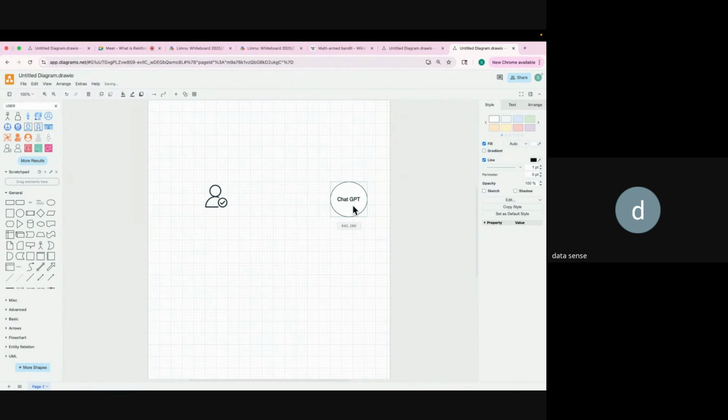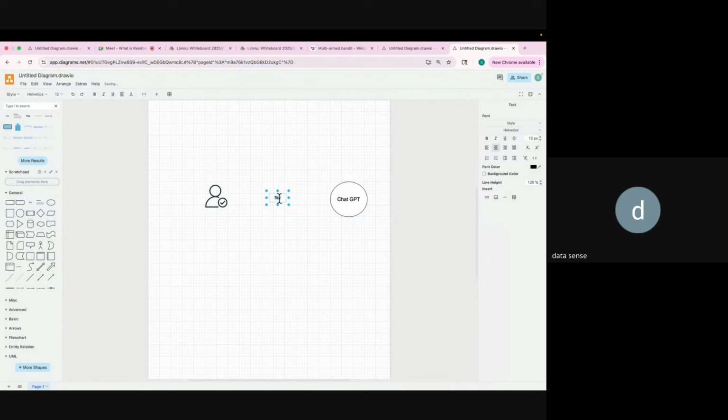Now let us say you use ChatGPT to generate, for example, a story. Let's say you're talking about a tweet.